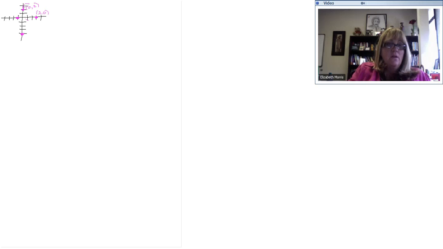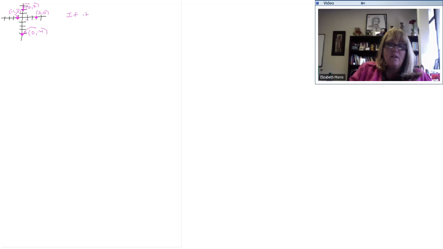This one is at -1, 0, because you move over -1 on the x, you don't go up and down on the y. And this one is at 0, -4, because you move down on the y-axis, but you don't move right or left on the x-axis. I want you to notice something.